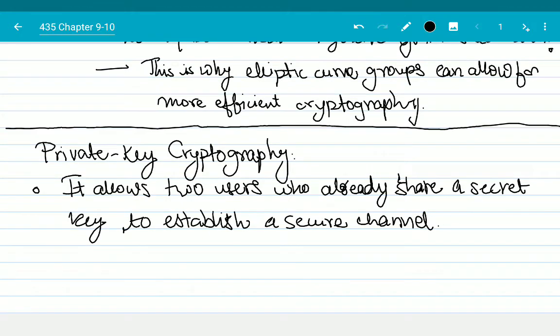However, the need to share a key has several drawbacks.